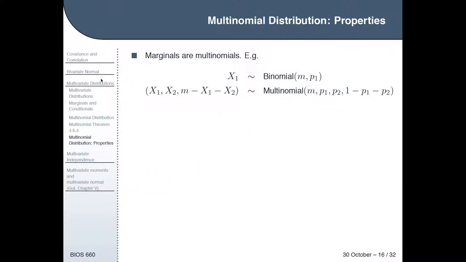And you can show in this case the marginals are also multinomial, that if you take the marginal with respect to any one variable, that turns out to be binomial with m trials and probability of success p1. If you take the marginals with respect to, say, some subset of 3 variables, then that works out to be multinomial with m trials and probabilities p1, p2, and 1 minus p1 minus p2.